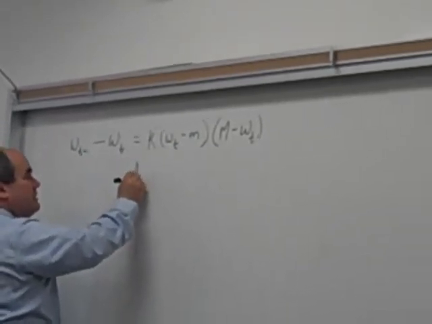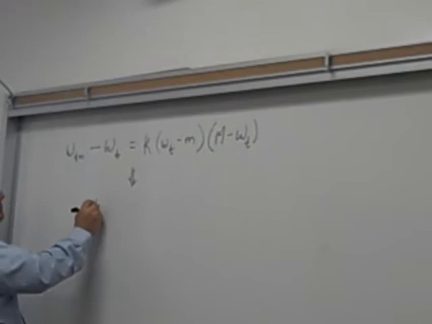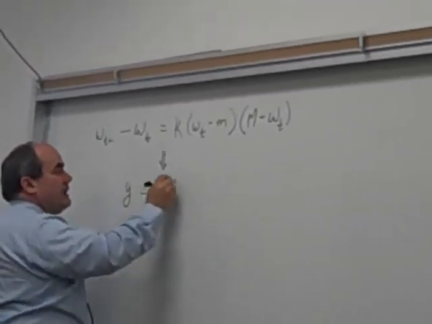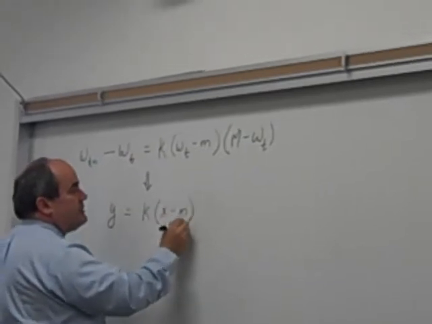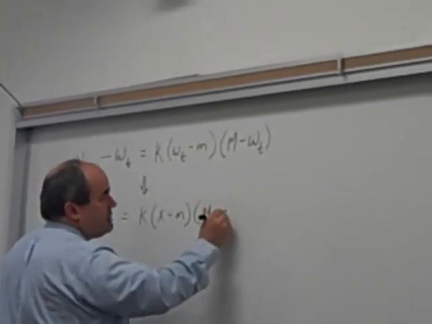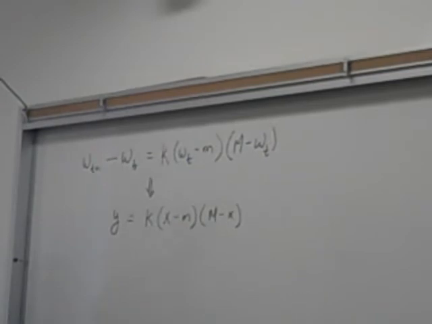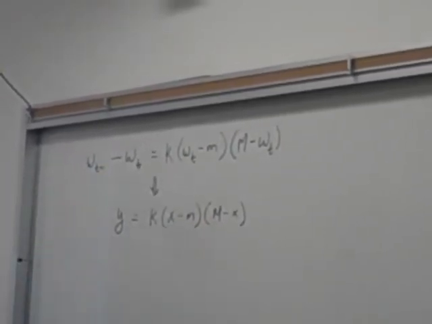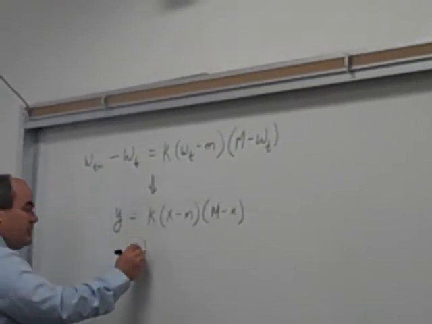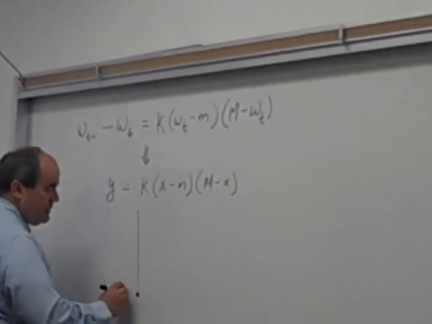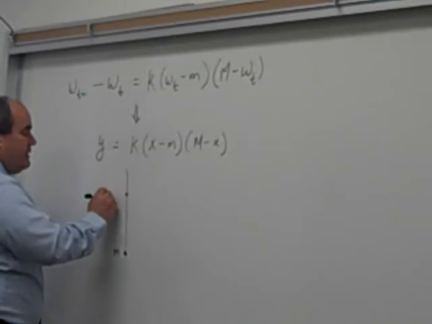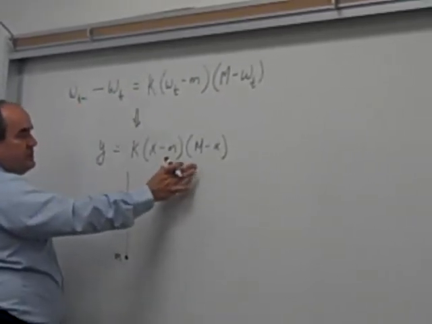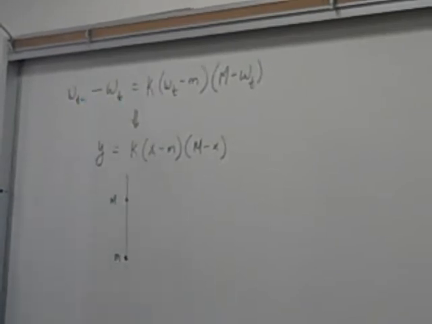So if we take a look at this, simplify it a little bit, we'll just call this y. And over here we would have k, x minus little m, big M minus x. This has zeros at little m and big M. Between these two, is this positive or negative?